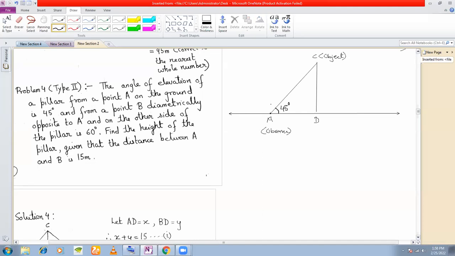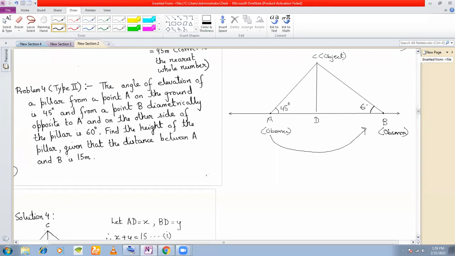And from a point B, diametrically opposite to A. Diametrically opposite means on the opposite side of the pillar or the cliff or whatever vertical obstruction is there. So diametrically opposite, you have another observer here, B, who is looking at the top of this pillar, and his angle of elevation is given to be 60 degrees.